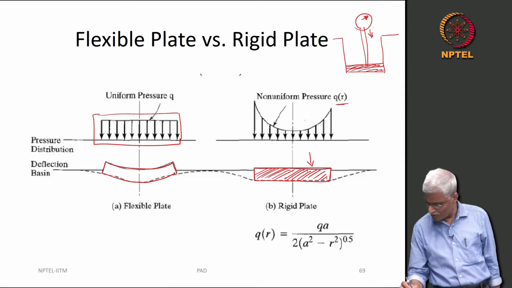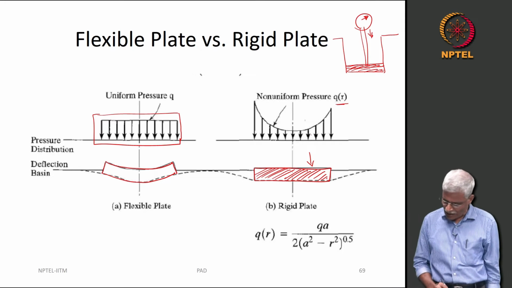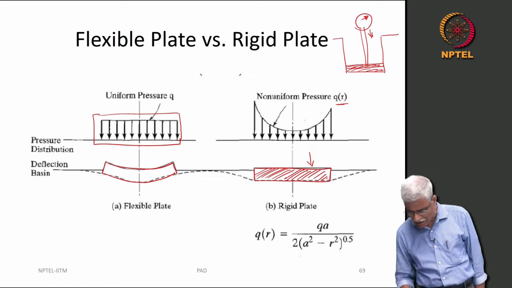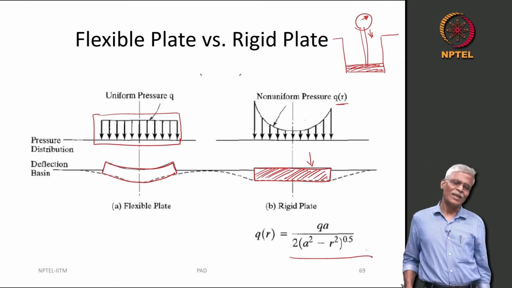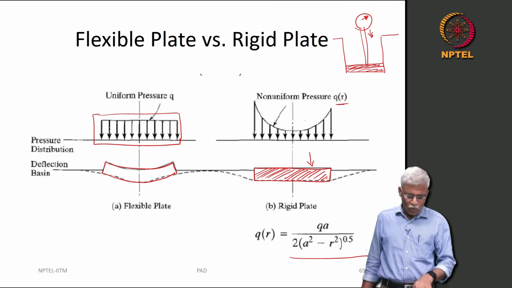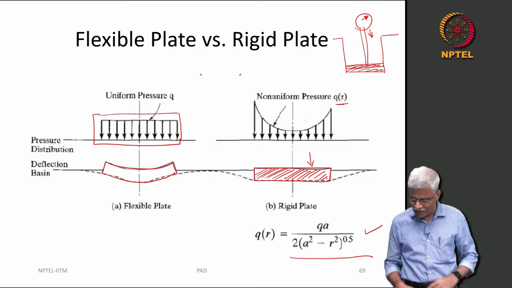So, you are going to have a non-uniform pressure. I am not going to show it, but you can show that the variation of Q is going to be something like this.